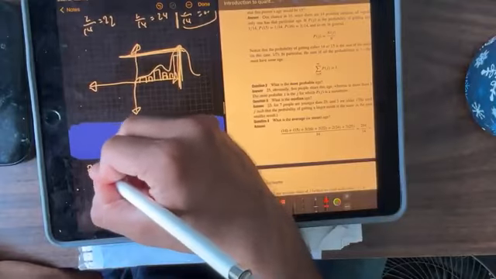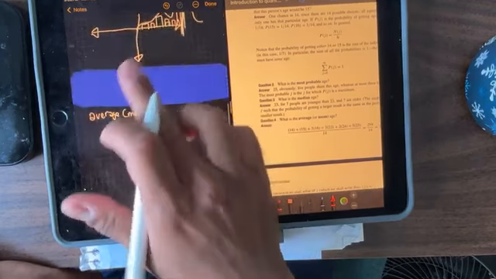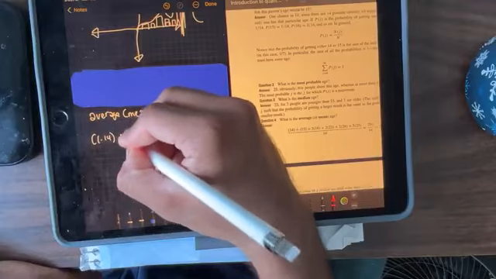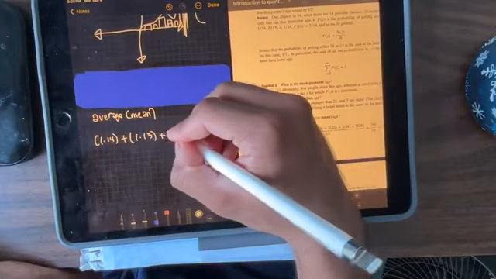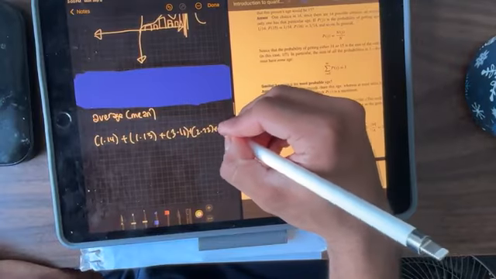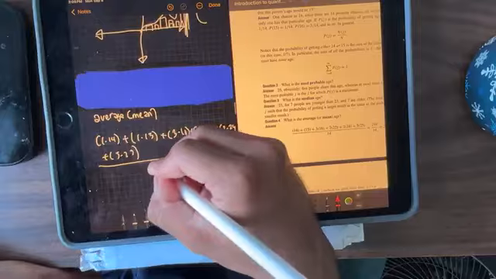The average or mean is: number of people aged 14 is 1 times 14, 1 times 15, 3 times 16, 2 times 22, 2 times 24, 5 times 25, divided by 14.